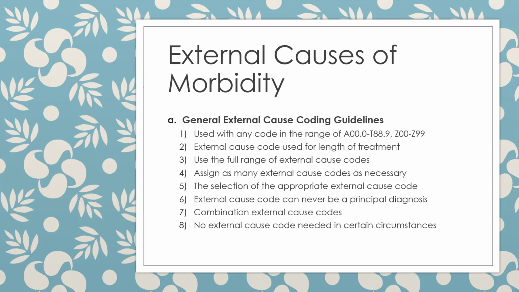Remember, we want to assign as many external cause codes as are necessary to fully explain each cause. If only one external cause code can be recorded, assign the code most related to the principal diagnosis.